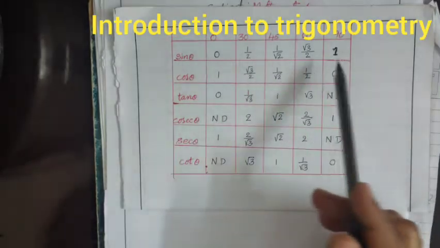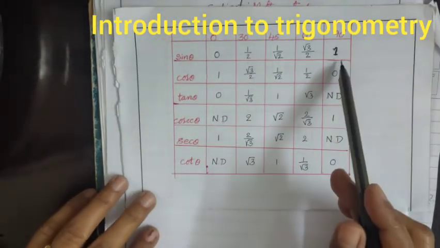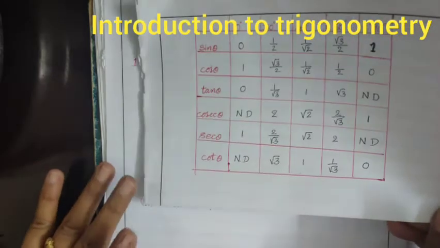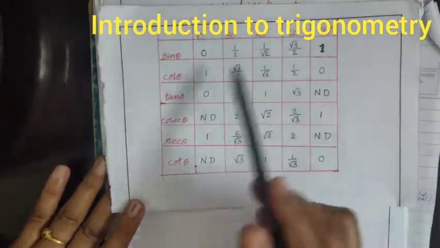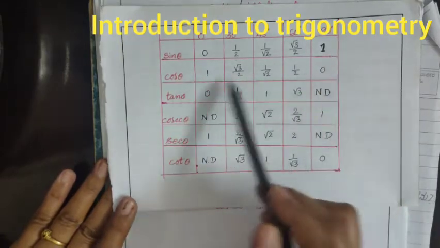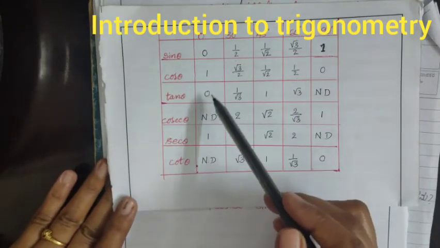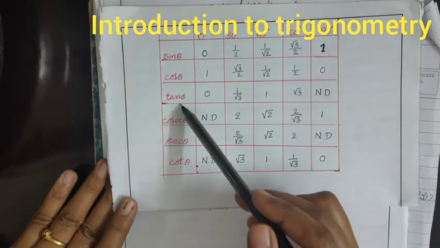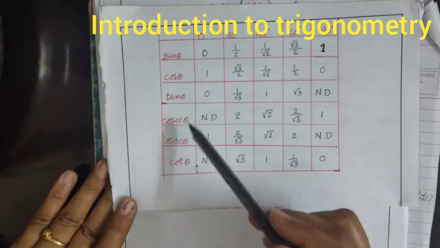So it is very easy to write sin theta value, and the same way you can write all the cos theta values in the repeated, reverse way. And then you can write the tan theta by using sin by cos.